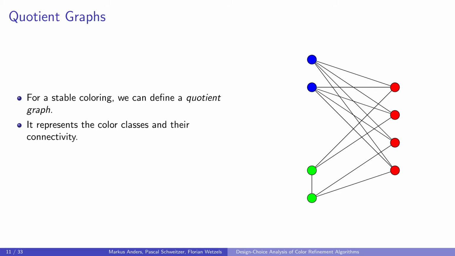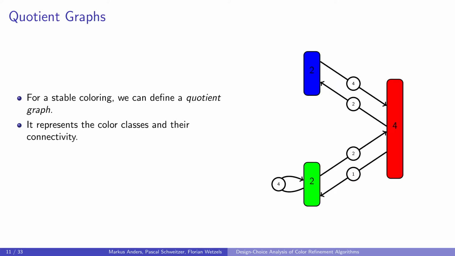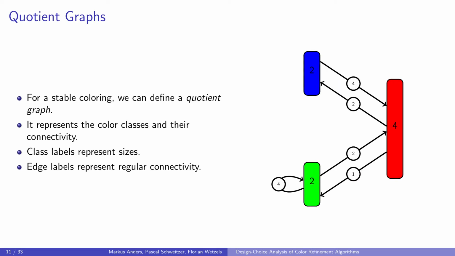The quotient graph then represents the color classes and exactly this regular connectivity. The classes of vertices in the quotient graph are labeled with their size, and the edge labels represent the number of neighbors each vertex in a class has in another class. In this example, we omitted the edges with label 0, so between classes that are not connected in the original graph. You can also see that the quotient graph includes self-loops.